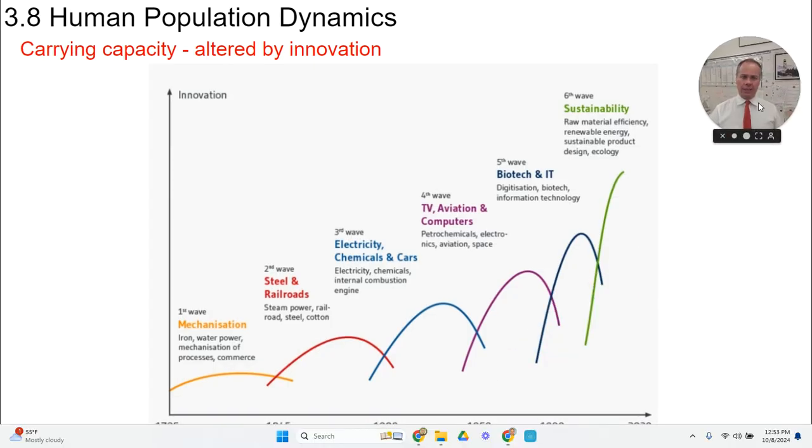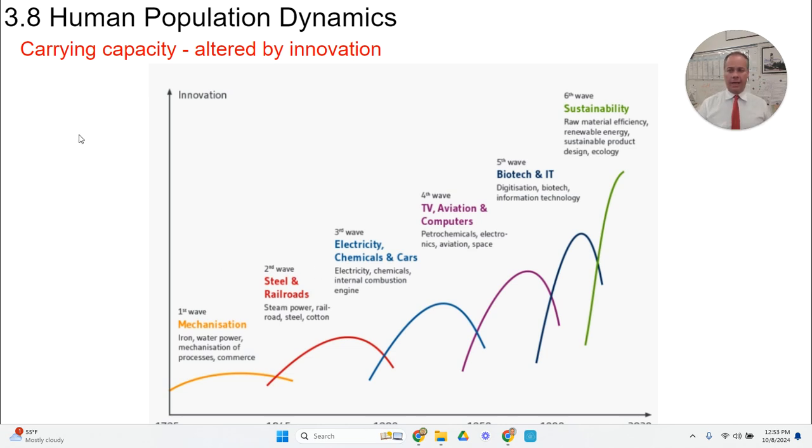But what we have seen is that innovation, technology, culture has altered many different factors related to population size or resource availability. What we see are these little bumps where we have a growing population, but then some sort of technology arises that allows for the population to expand even further.